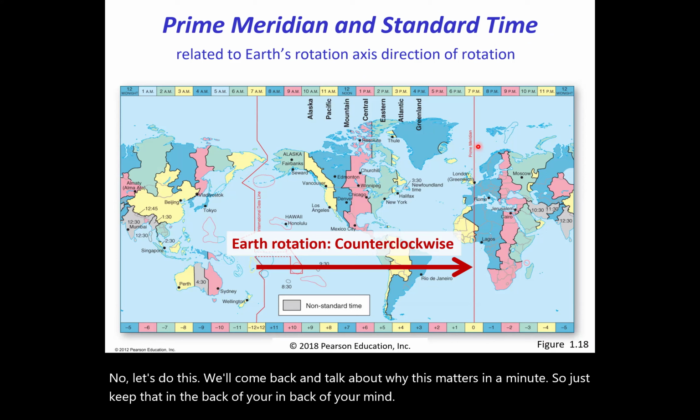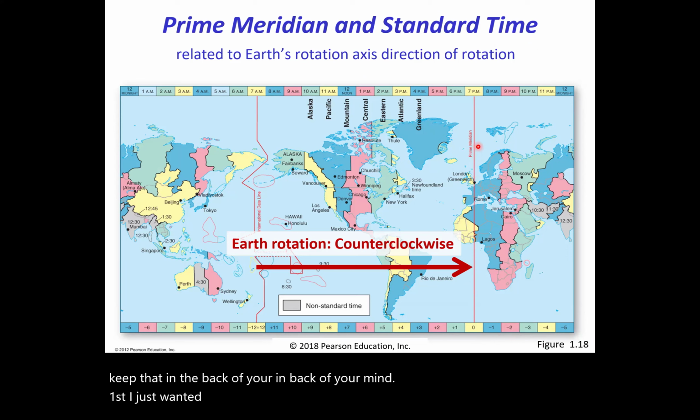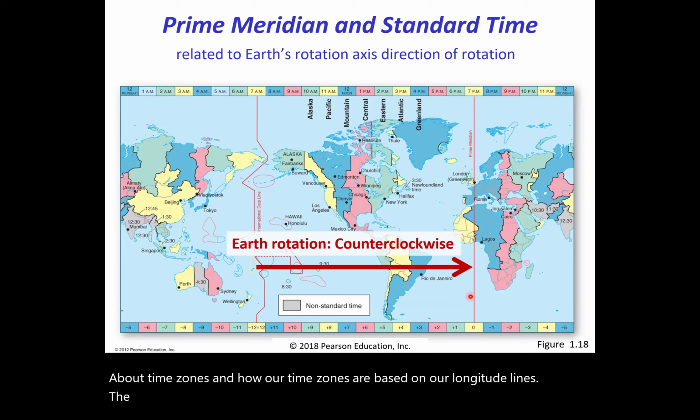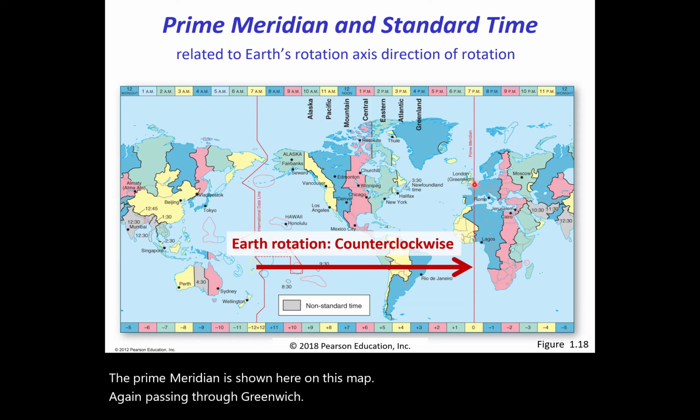First, I just wanted to talk real briefly about time zones and how our time zones are based on our longitude lines. The prime meridian is shown here on this map, again, passing through Greenwich, England.